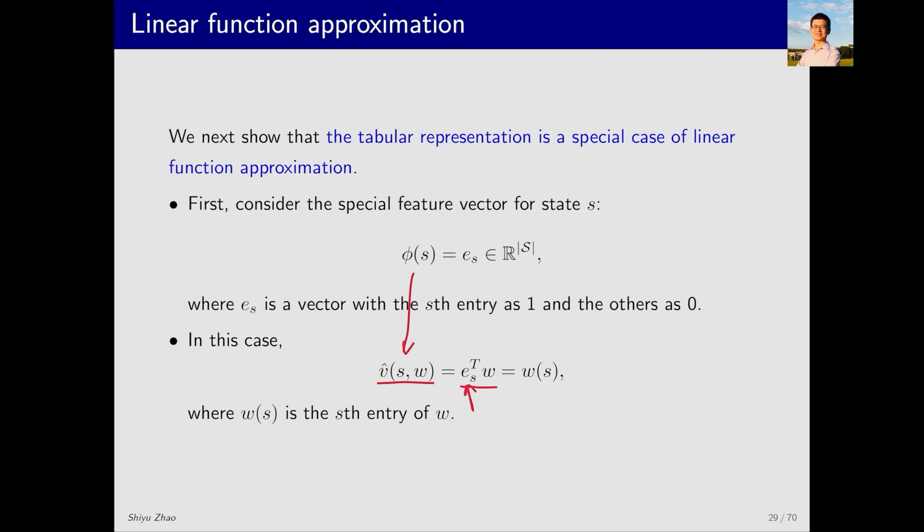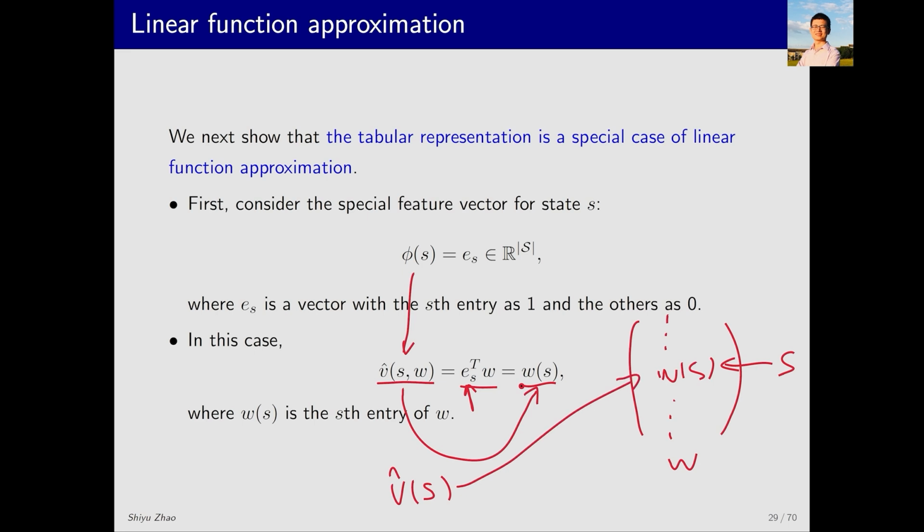Since in e_s only the component corresponding to state s is 1, and all others are 0, the result is simply w(s). w(s) is the element of the vector w corresponding to the position of s. It is clear to see what v hat essentially becomes. It becomes a vector or a one-dimensional table. To find v hat(s), we can directly look up the value at the position corresponding to s in the vector.